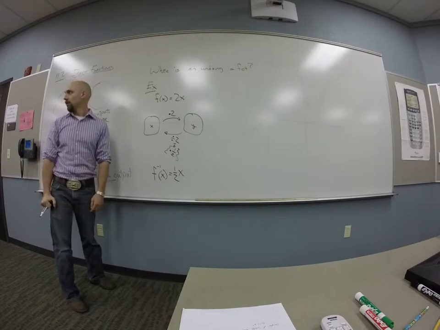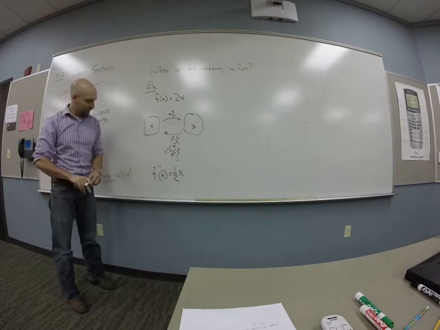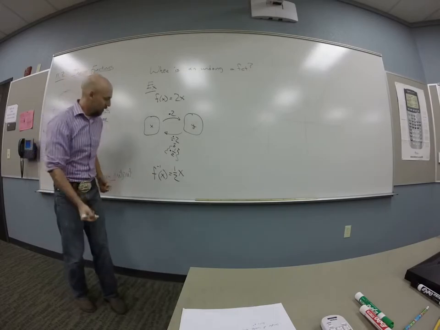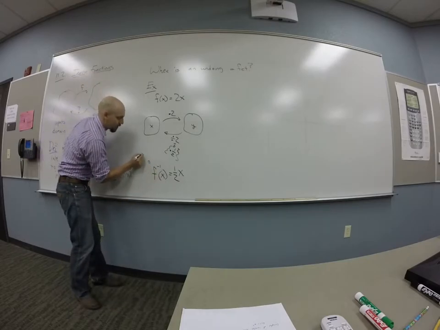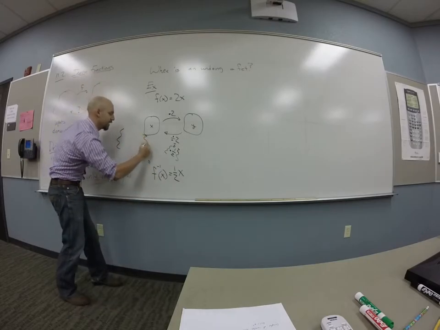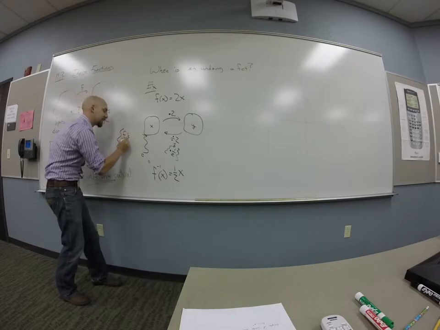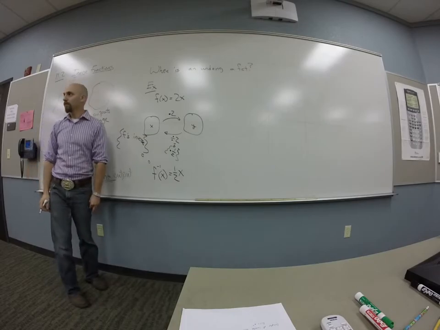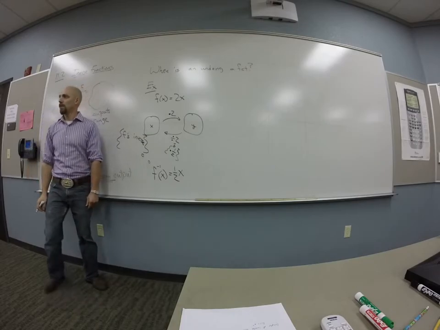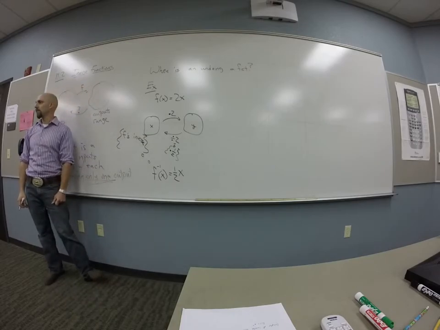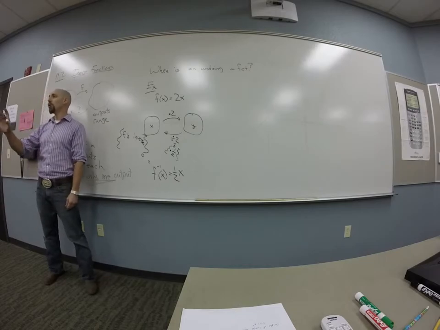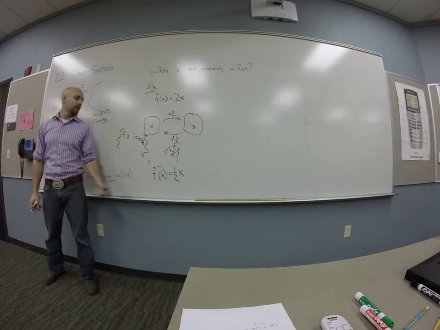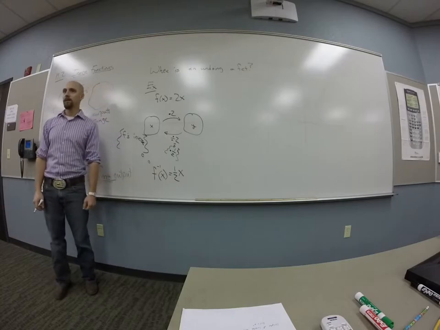This little bit here is really just me saying f's inverse. Wait, you're saying that x is the f's inverse? No, I'm saying the rule that inverts f is 1/2 x.